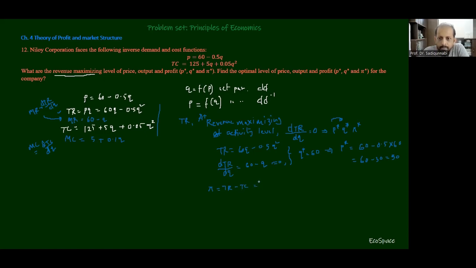And we know that TR equals 60Q minus 0.5Q squared minus 125 minus 5Q minus 0.05Q squared, which is equal to 55Q minus 0.55Q squared minus 125.